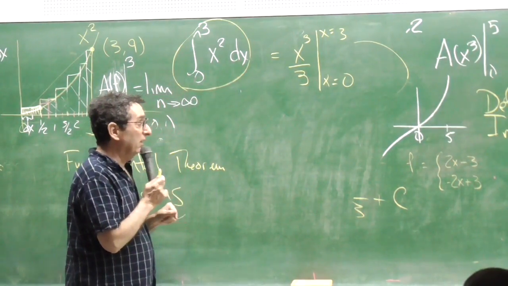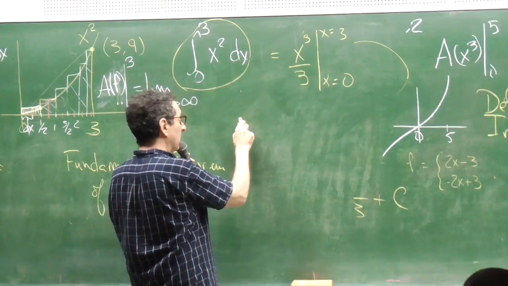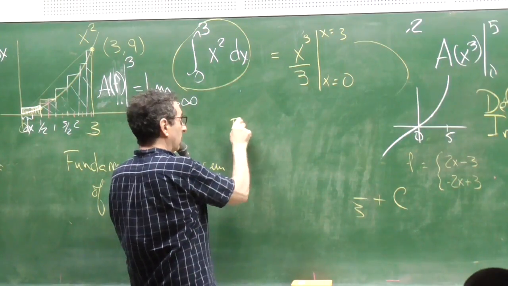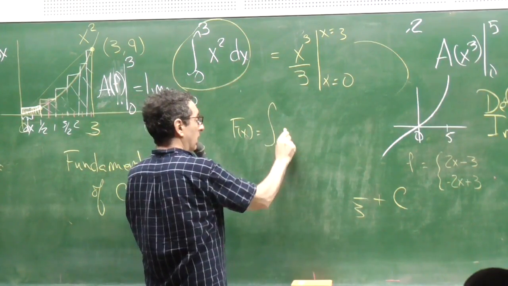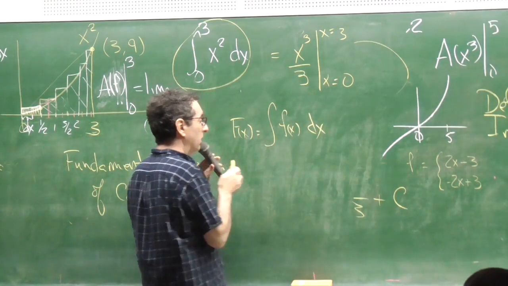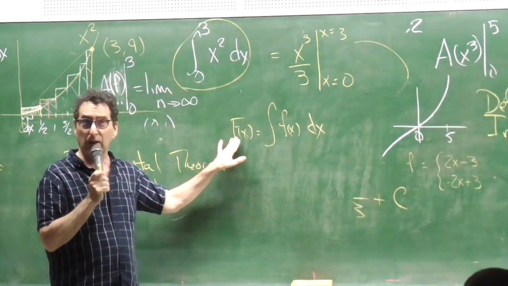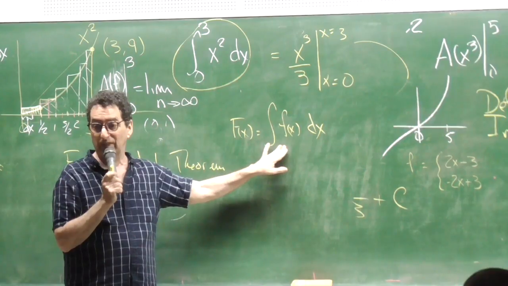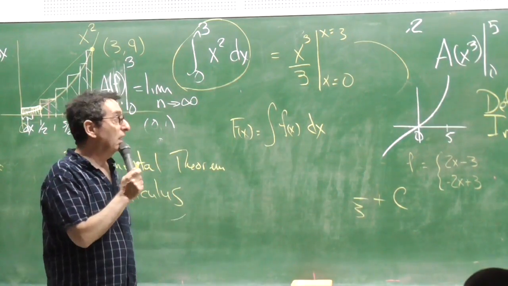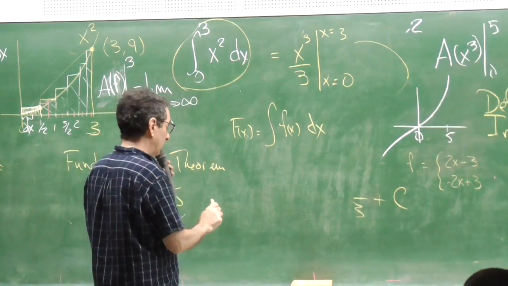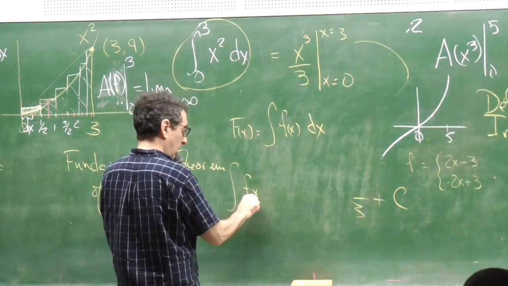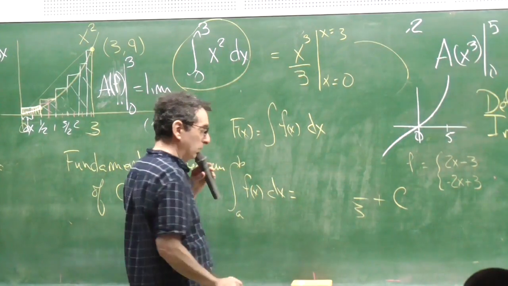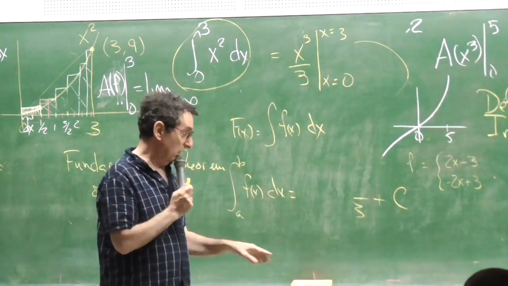And then they do one more thing, which I really hate, but they always write this. They always use capital F. I hope I have this right. They always use capital F to mean the antiderivative of little f. So if we do that, then we could do this. Equals what, using this notation?